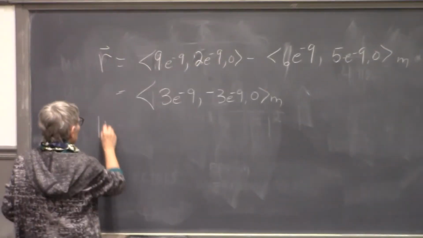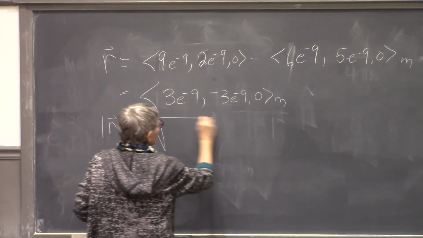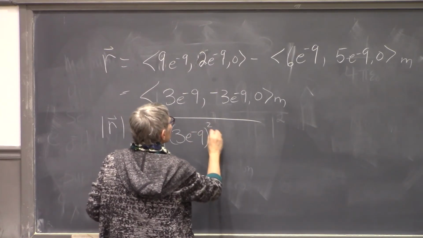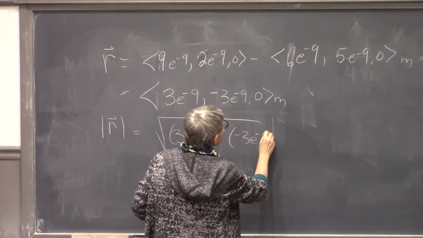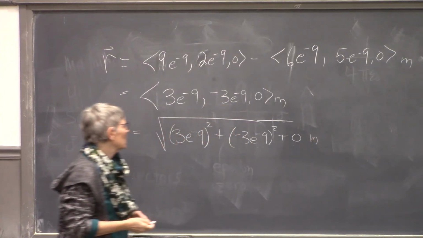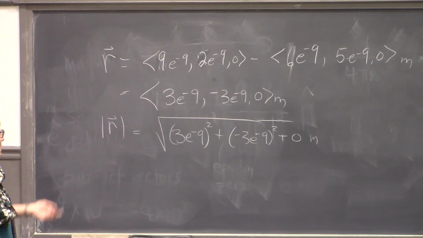The magnitude of R is going to be the square root of 3 times 10 to the minus 9 squared plus a minus 3 times 10 to the minus 9 squared plus 0 meters. Square root of 18, I don't know, let's ask Python.